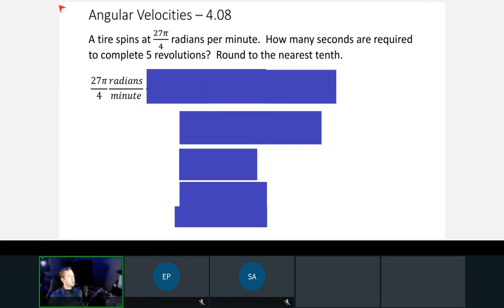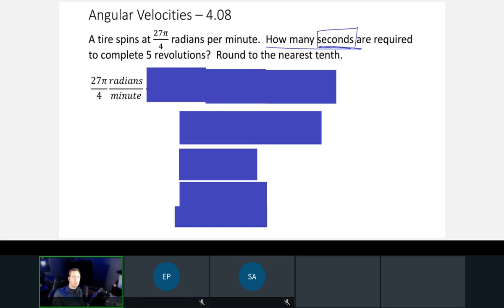All right, so we want to convert this to seconds, because this wants to know how many seconds. That's key. Right now we are in radians per minute. But before we do that, let's convert radians per minute to revolutions per minute.